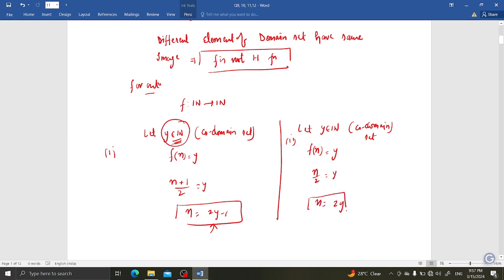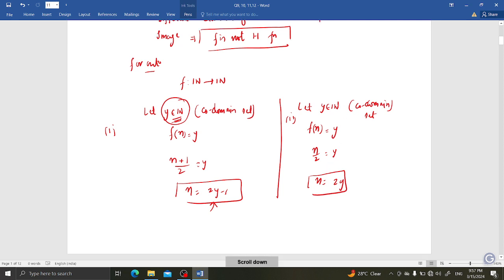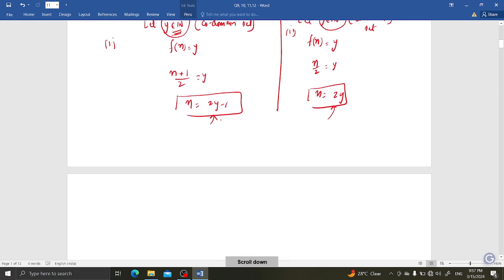So if I choose any natural number, the corresponding preimage will be an even natural number. It means that for the same natural number we have two preimages.